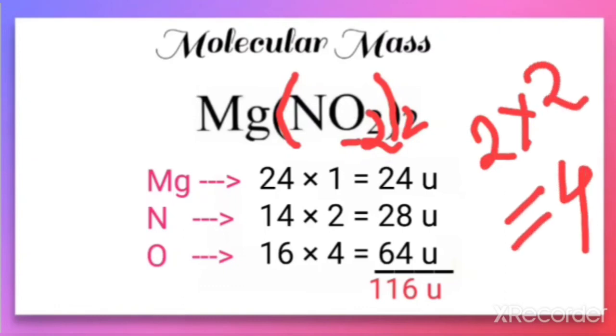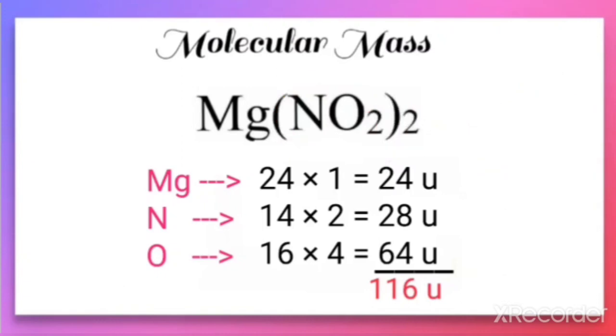That means there are 4 oxygen atoms in this. So the atomic mass for oxygen is 16 into 4 oxygen atoms, which equals 64 U. When you make the sum of these, we get approximately 116 U. So we can say that the molecular mass for magnesium nitrite is 116 U.